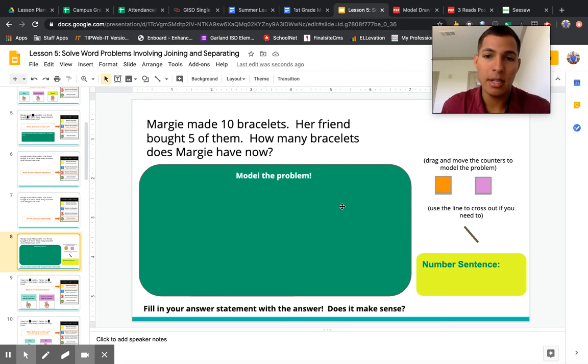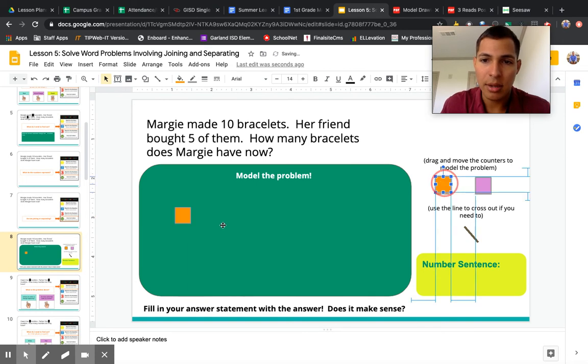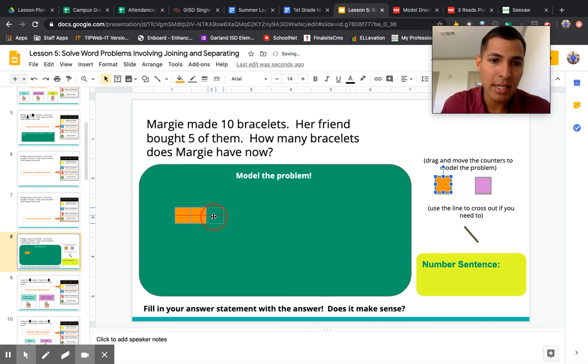10, right? So we need to make 10. We need to connect 10 boxes together, right? Because those are going to represent her 10 bracelets. We need to have 10 boxes, right?